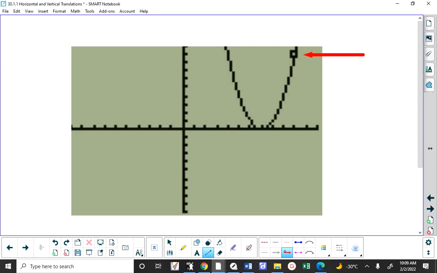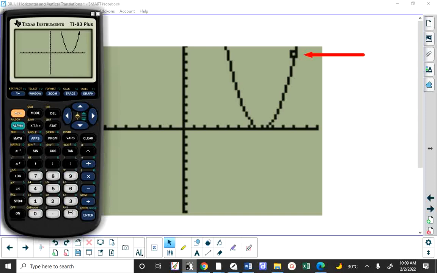Now I'm going to plot. How many of you know why the second function will also go through there? Let's look at the second function. In fact, I'm going to put it on the same set of axes. The second one is x minus 13, quantity squared.